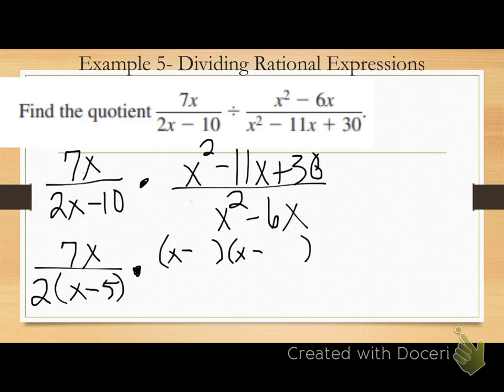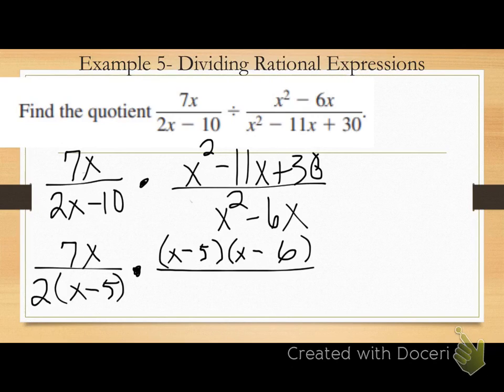So now I'm looking for two numbers that multiply to give me 30 and add to give me negative 11. Negative 5 and negative 6. Everyone okay with that factored form of that numerator? Fantastic. Let's look at our denominator now.